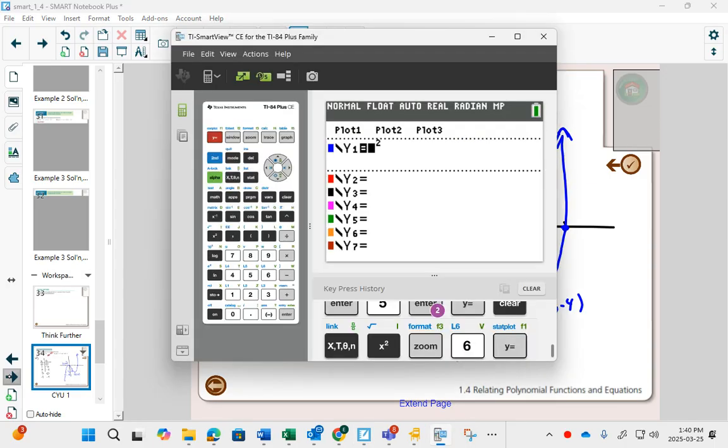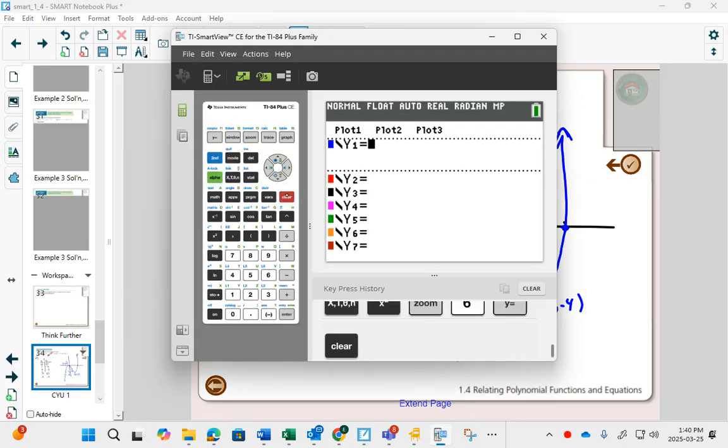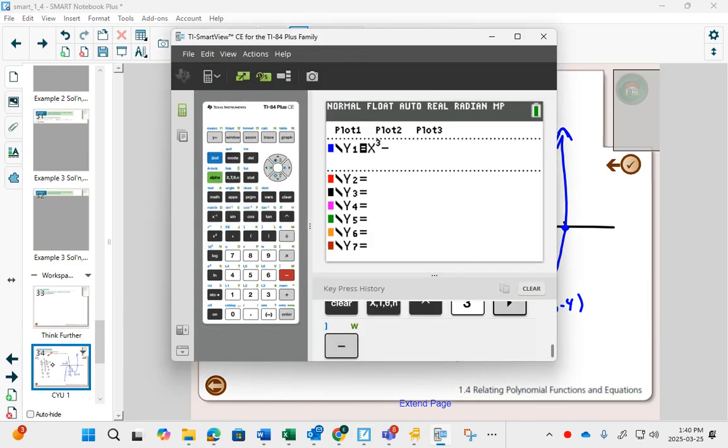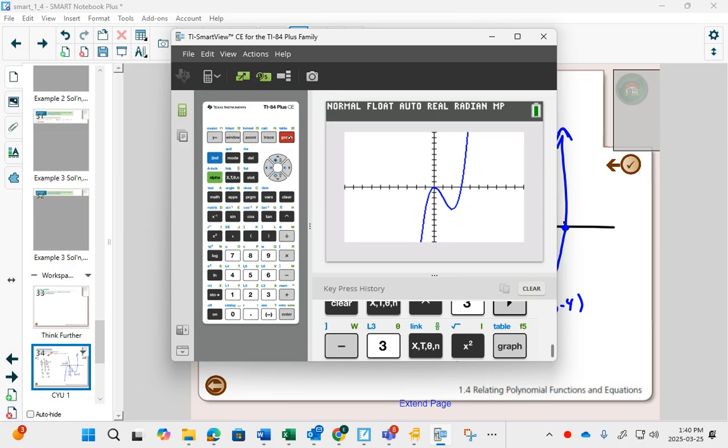We can take out our graphing calculator and actually take a look at this. So I have x cubed minus, what was it? Minus 3x squared. Okay.